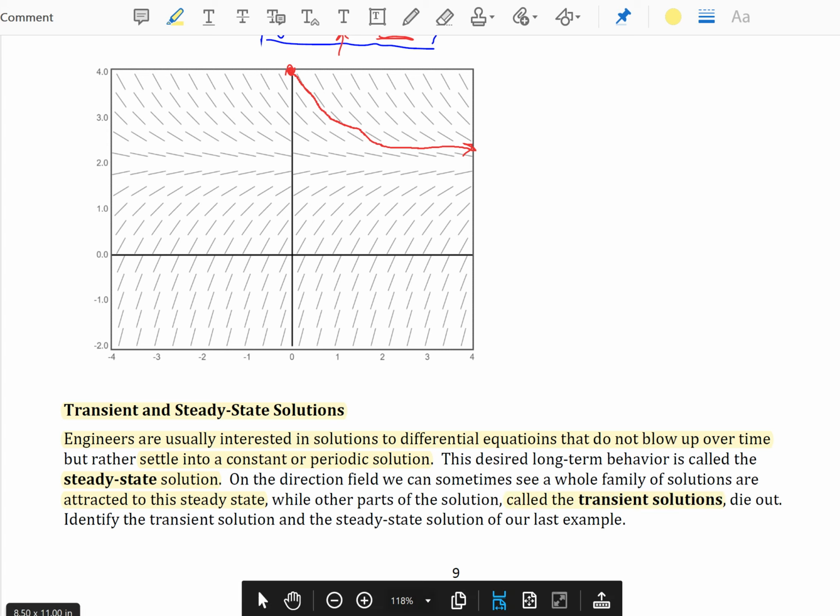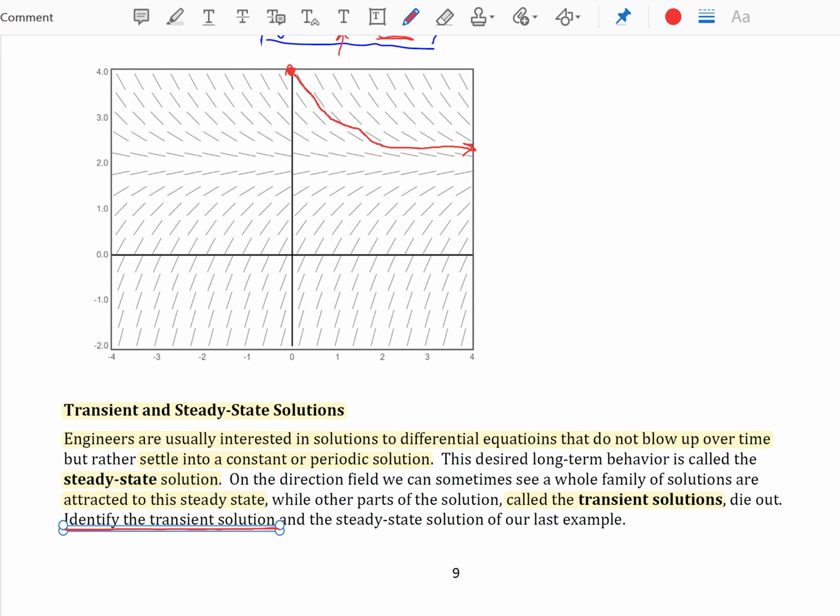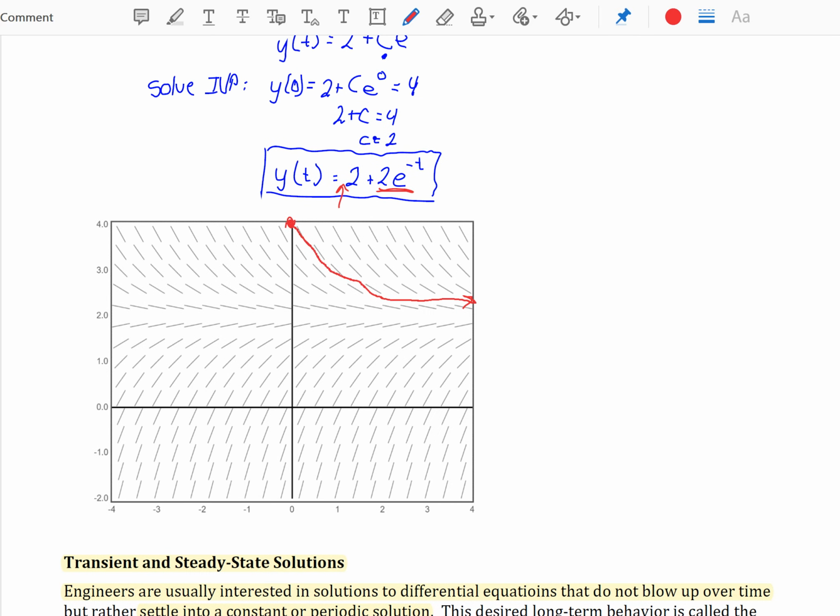Let's identify the transient solutions and the steady state solutions of our last example. So if we look back at our previous example, our transient solution, which I'm going to refer to as y sub t, is the part of the solution that decays or dies out over time.